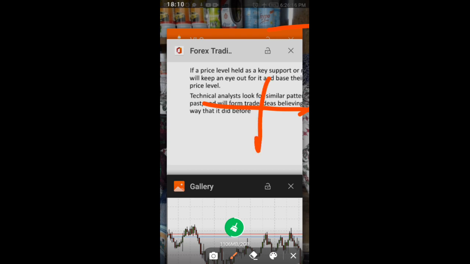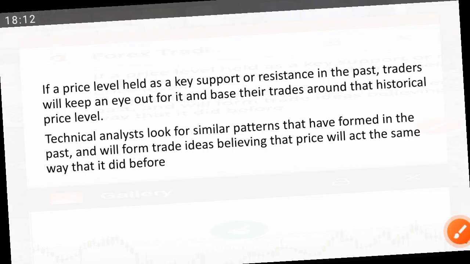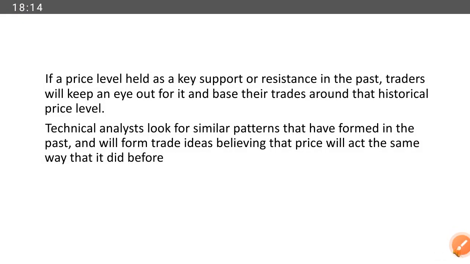So technical analysts look for similar patterns that were formed in the past, as I told you before, and we form trade ideas believing that price will act the same way that it did before.